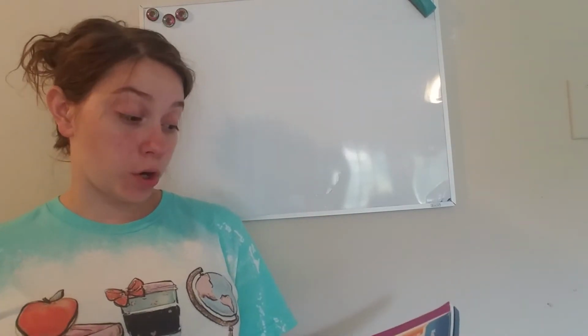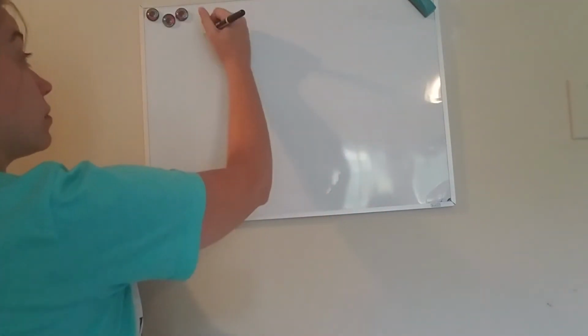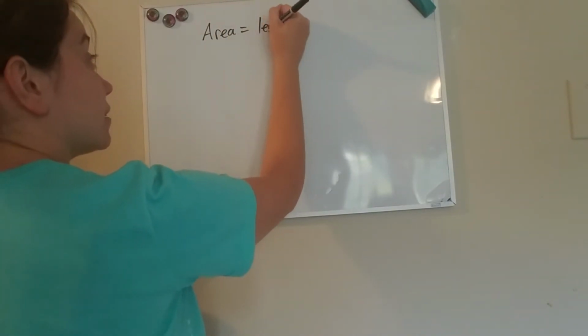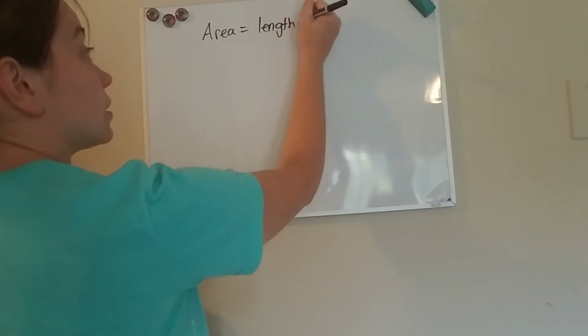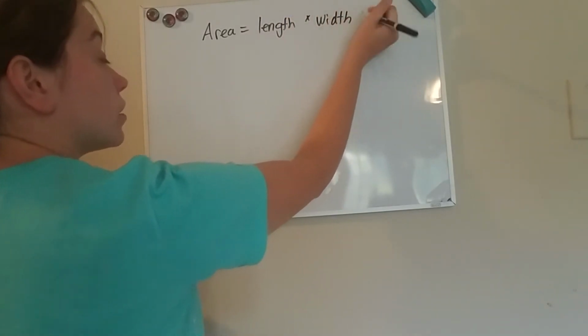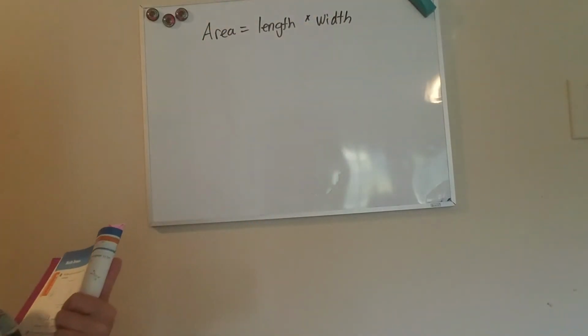So look at page 48, and for number 1, you're finding the perimeter and the area, okay? So remember, when we find the area equals length times the width, okay? Length times width equals area.